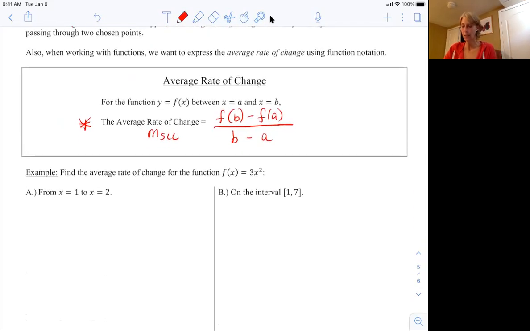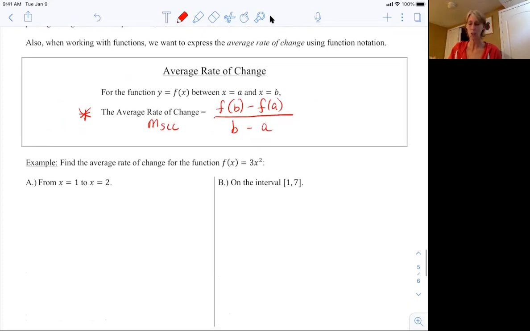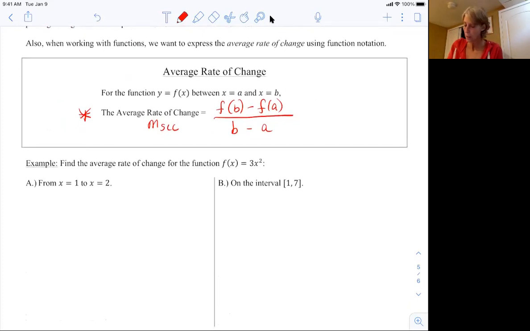I'm going to ask you to find the average rate of change for the function f of x equals 3x squared, first from x equals 1 to x equals 2, and then on the interval 1 to 7. So I tried to switch up the way I ask your questions. Some teachers say average rate of change; I usually just go with slope of secant.